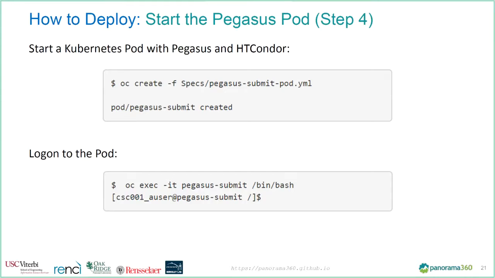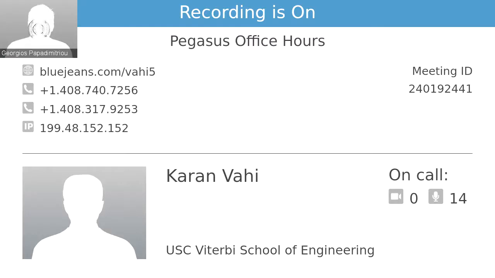Step 5 is optional, and it needs to happen only the first time you bring up your Pegasus workflow submit node inside the Kubernetes cluster at OLCF. You have to execute the remote bosco setup.sh script that exists within the pod. So basically, in the shell we got on the previous step using the OC exec command, we have to execute this bash script.